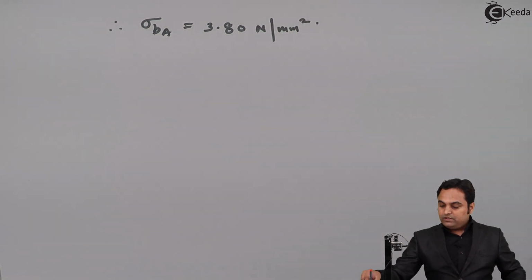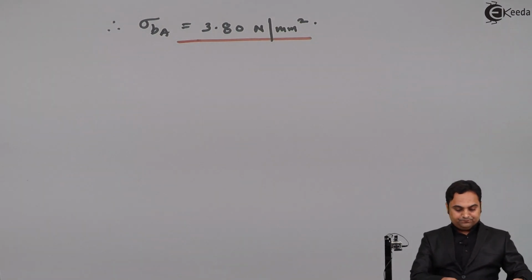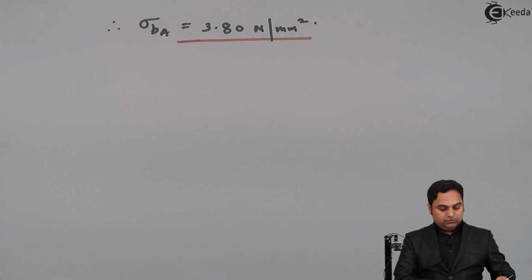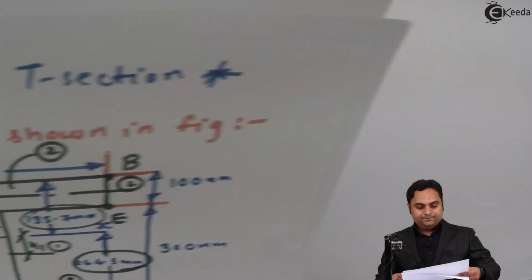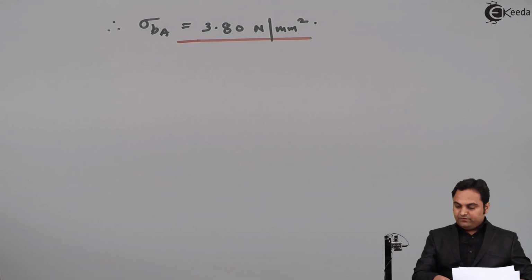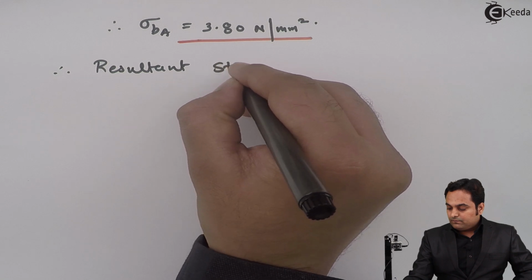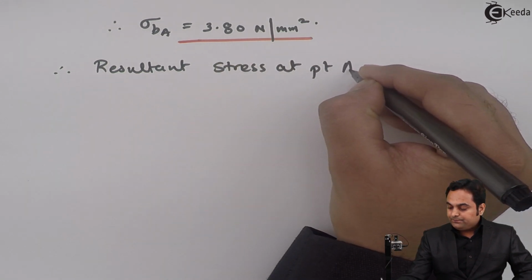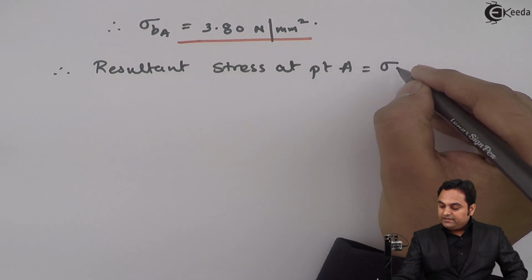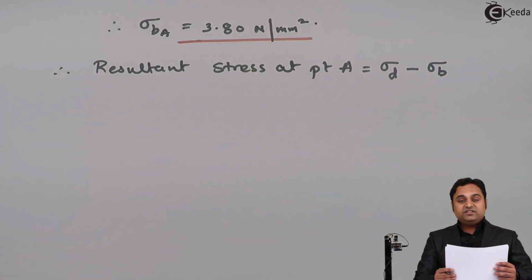Now, we have found the bending stress at A, and the direct stress we have also got. So, therefore, the resultant stress at point A is equal to direct stress minus bending stress. Why am I subtracting?